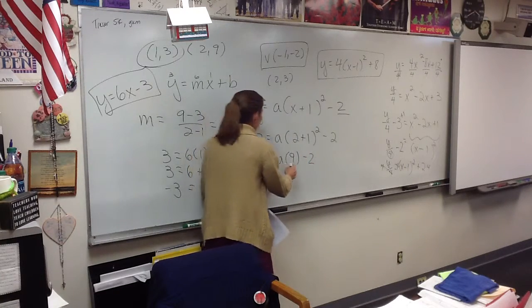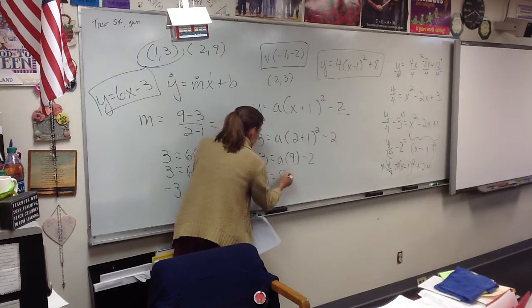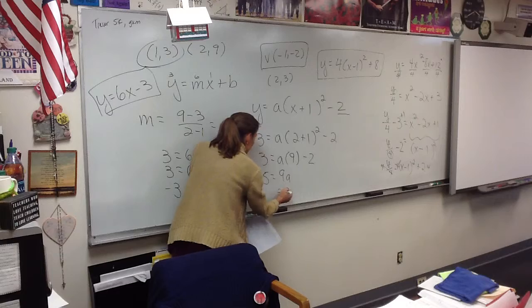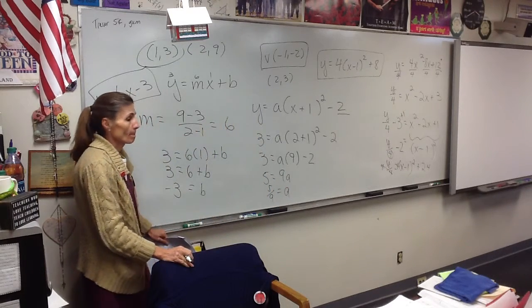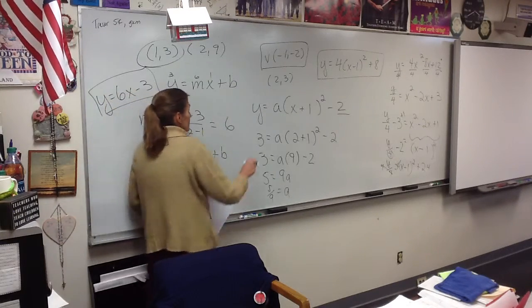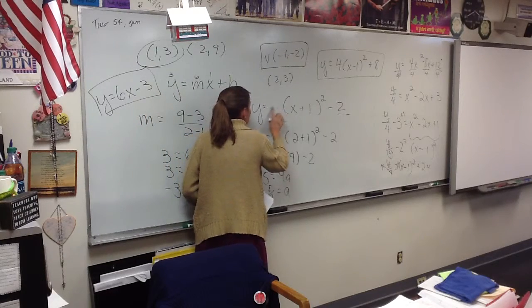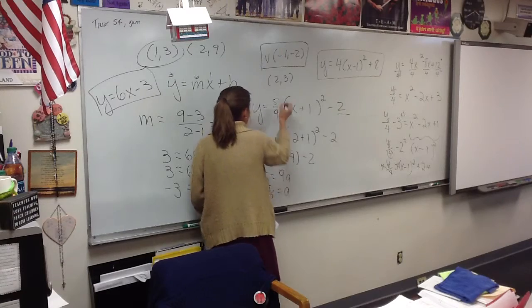Do not subtract the 9 and the 2. You need to add the 2 over to this side and then divide by 9. So into the answer blank, you are going to write this.